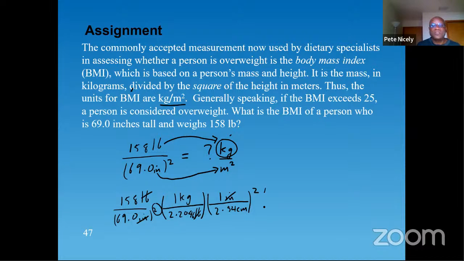Then we can go from centimeter squared to meter squared, because as you should know, or as you can easily figure out from the chart, the relationship between the centimeter unit and the meter unit is 100 centimeter is equal to 1 meter.